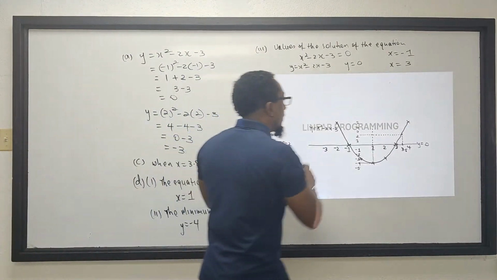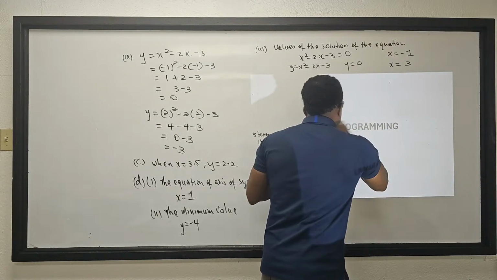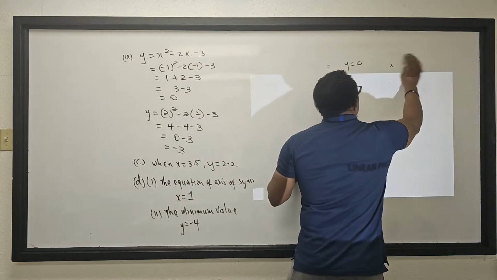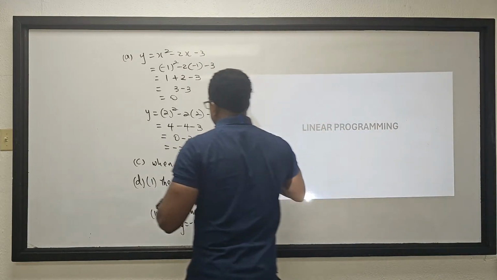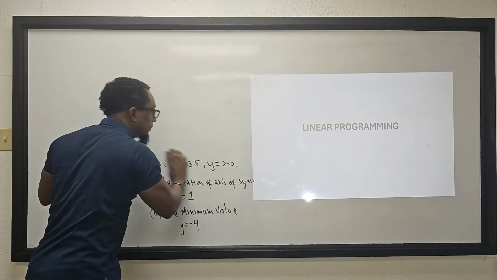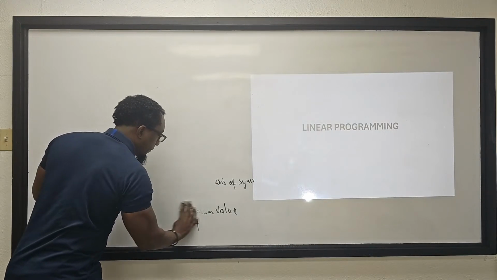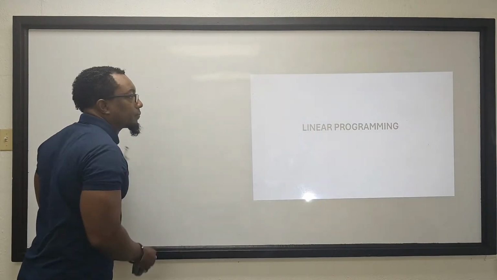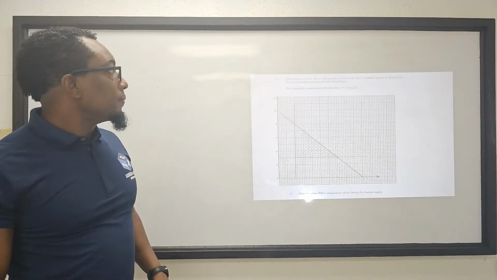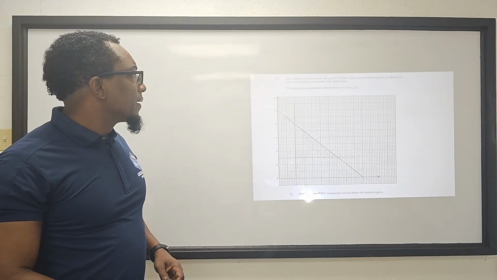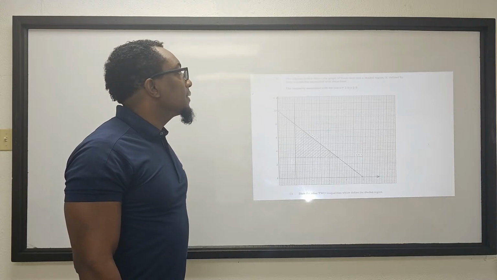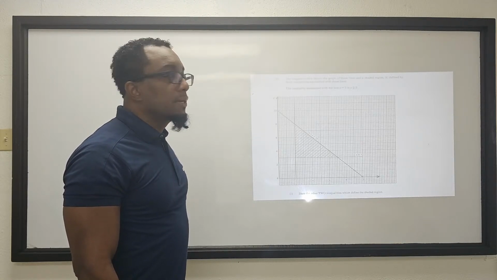Okay, let's move on now to linear programming. So the diagram below shows a graph of 3 lines and a shaded region S, defined by 3 inequalities associated with the lines.